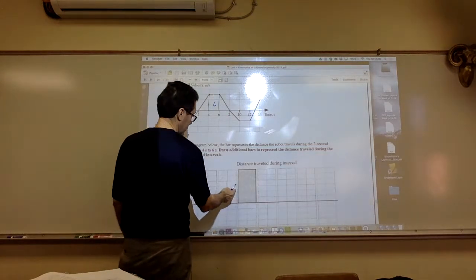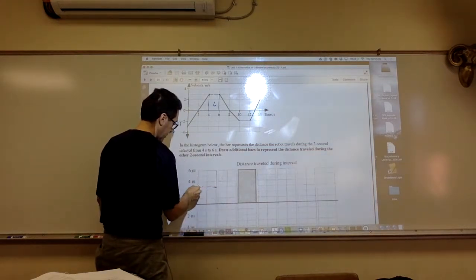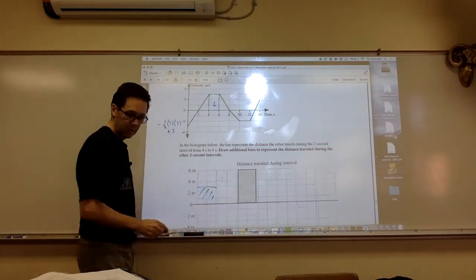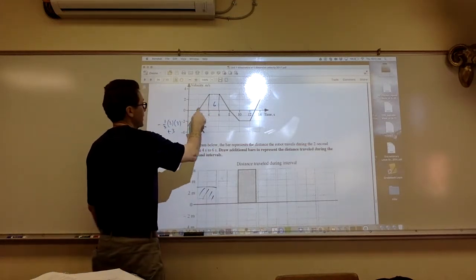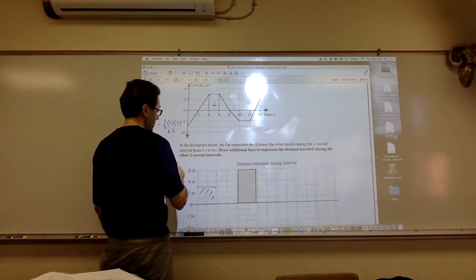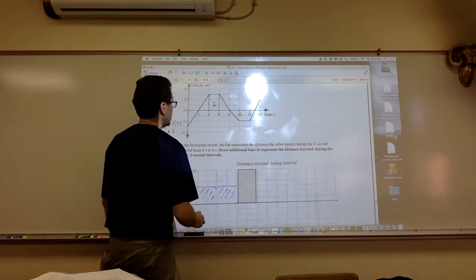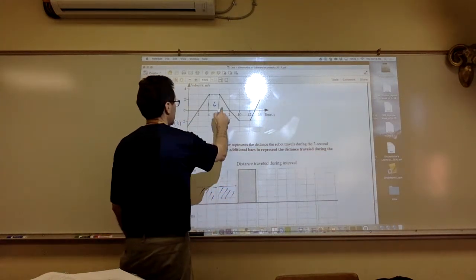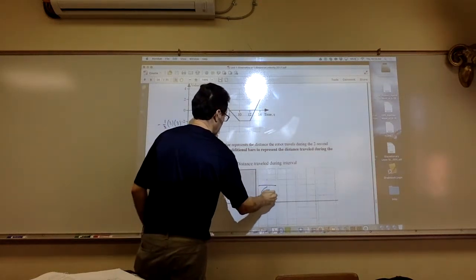So if this is 1, 2, 3, 4, if that's taken 6 bars, this is going to take 3 bars, and you shade that area. Then you do the same thing for this part, which looks like these 2 triangles are identical. So we're just going to cover the same amount, same area. This one looks about the same as this one, so it's the same thing here.